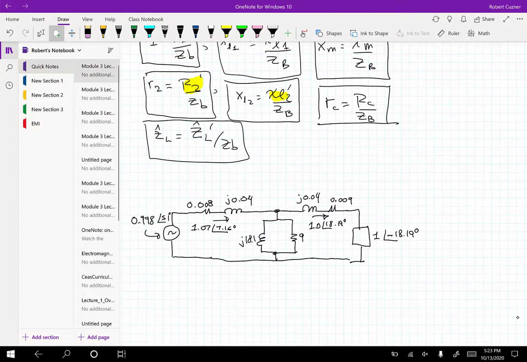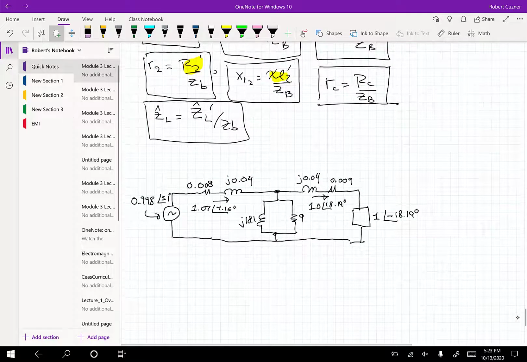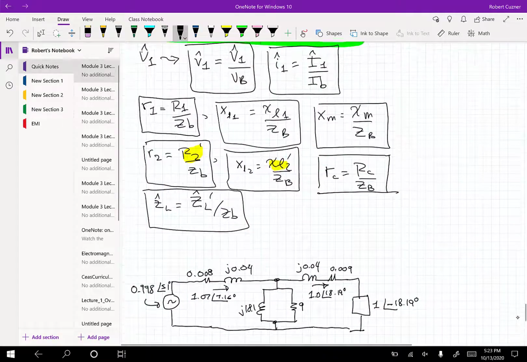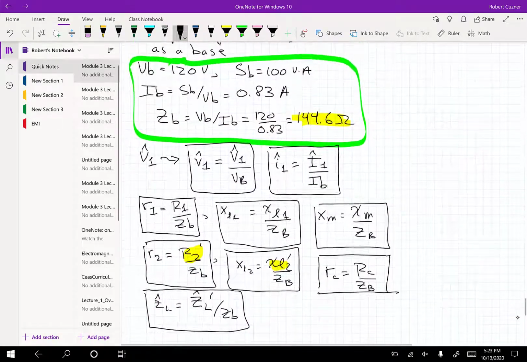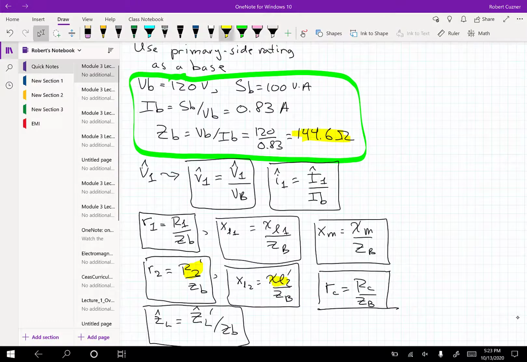And there's a couple takeaways here. First of all, if we see that we have 1.0, that means that we're operating at a rated quantity. At least because that's the way we're using the base, we're using rated values for our bases, right? That's a rating, that's a rating.